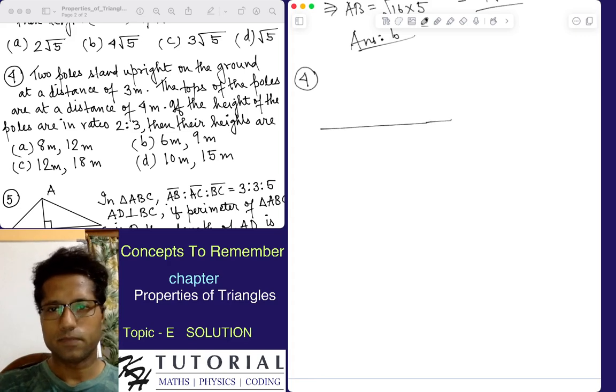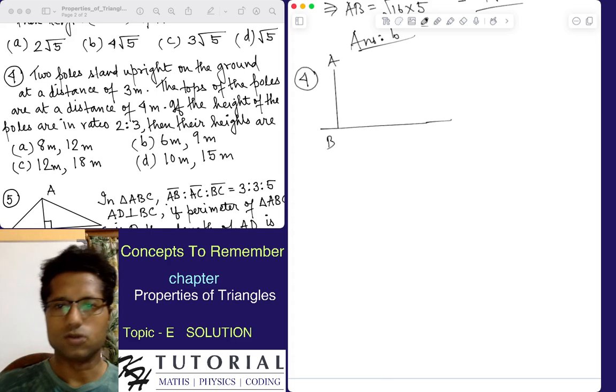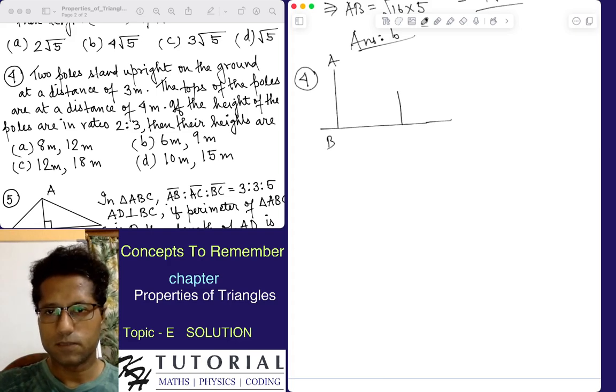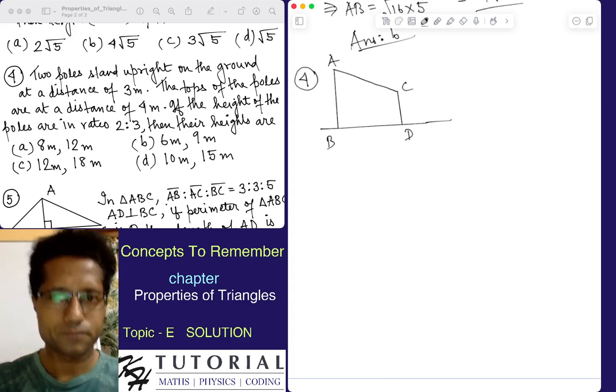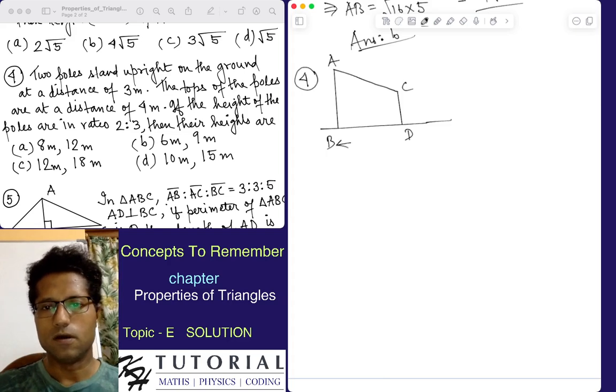Let's say the pole with the larger height is AB, and the shorter pole is CD. AC is the distance between their tops, and BD is the distance between their feet. So the two poles stand upright on the ground at a distance of 3 meters, which is the distance between their feet.